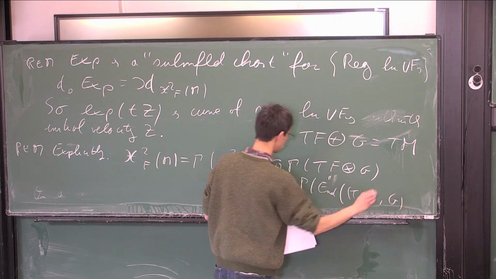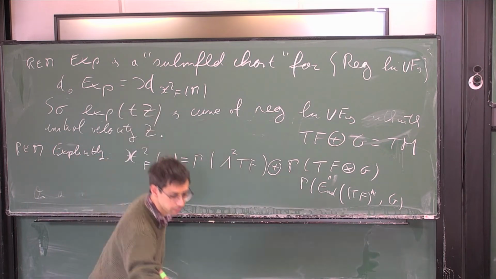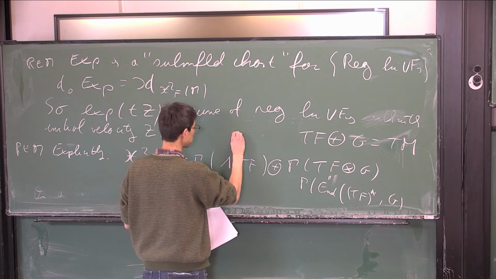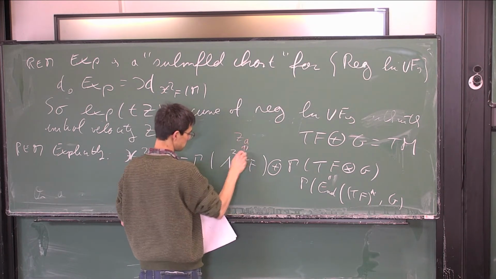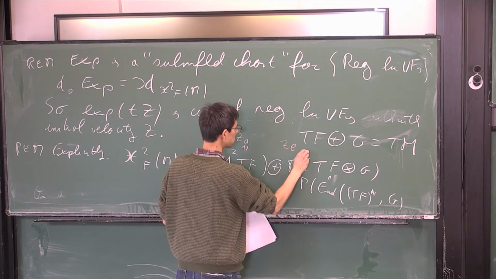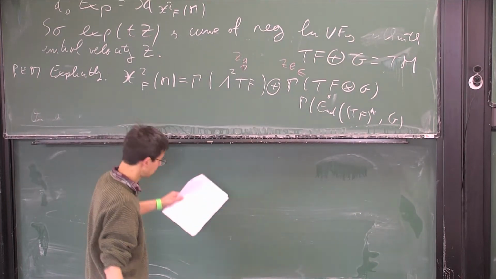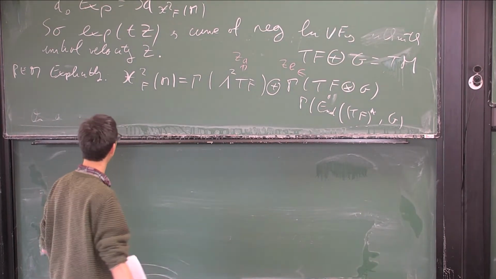Now let me take an element Z here. It will have a component in here that I call ZA, and a component in here that I call ZB.